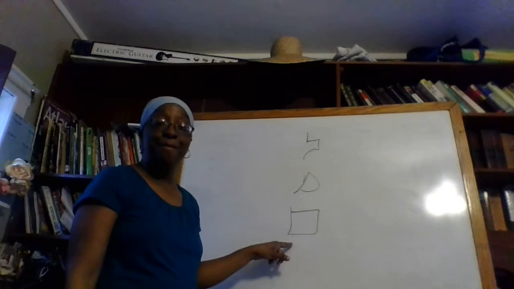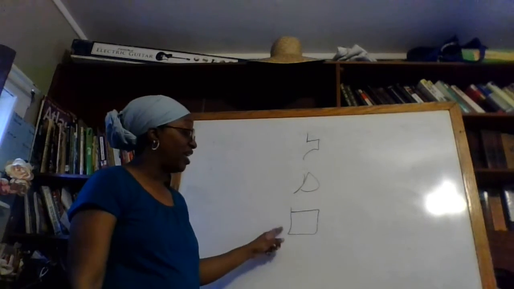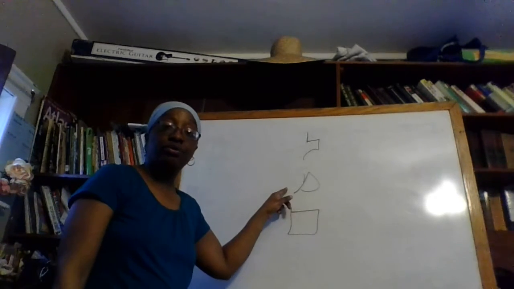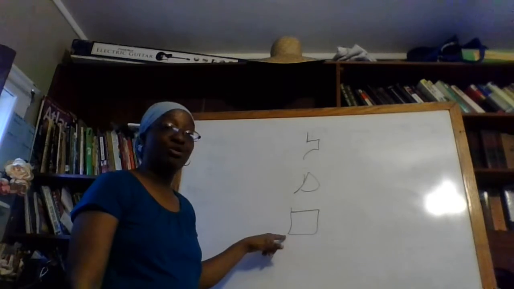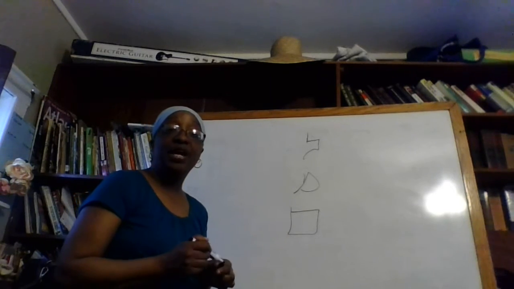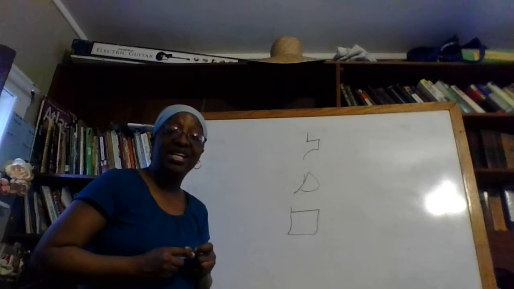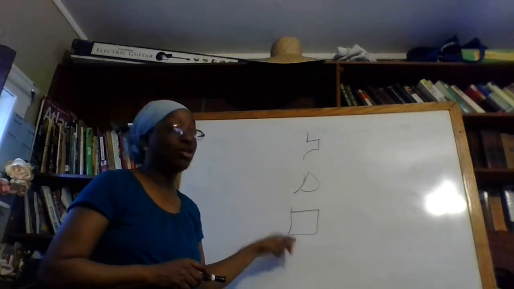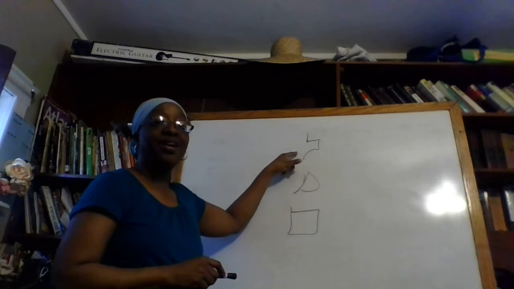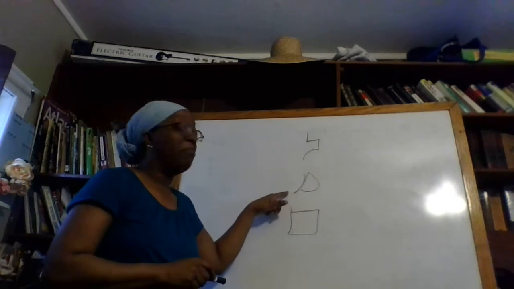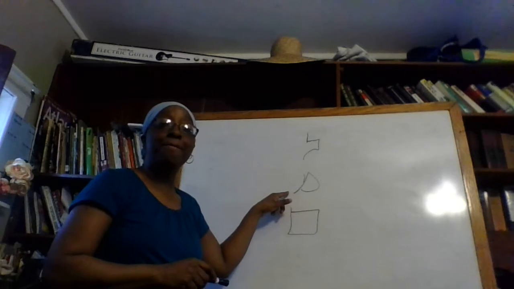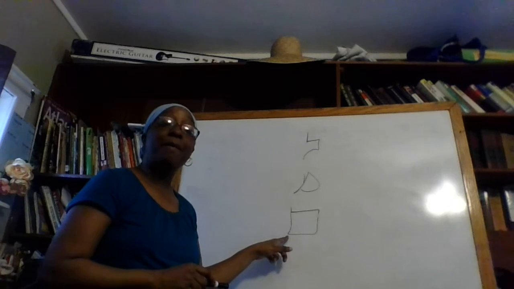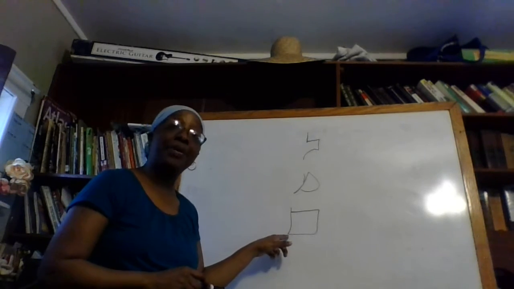It makes the same sound as the regular looking mem. Except if a word needs an M sound at the end of it, this final form of mem would be used. So lamid, like in lollipop. Mem makes the sound like in mop. Mem sofit makes the sound like in mop also.